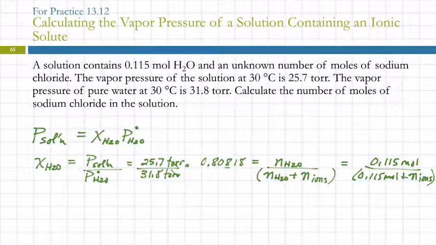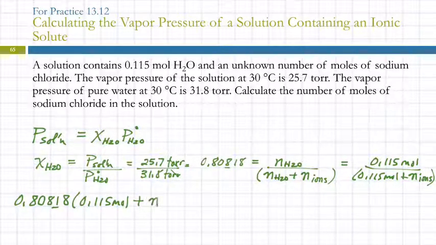So now we have to do a little bit of algebra. So we're going to get 0.80818. So that's this guy up here. I'm cross-multiplying. I'm going to multiply by this quantity. So 0.80818 times 0.115 moles plus number of moles of ions is going to be equal to 0.115 moles. And then you distribute.